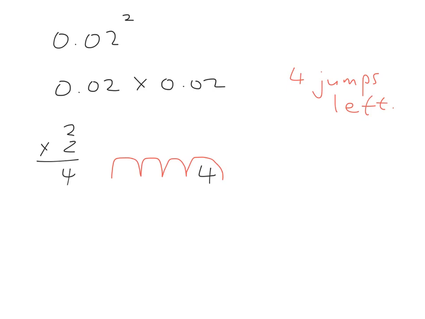And we stop on the last jump, and that's where we put the decimal. So now all we have to do is put down zeros underneath these little bridges here. So we put a 0 there, there, and there. So our final answer will be 0.0004.